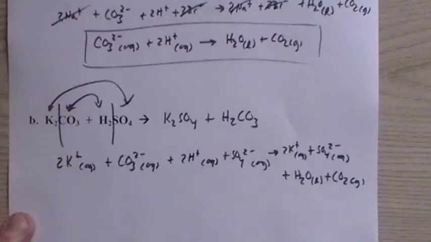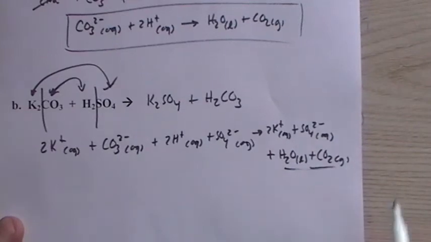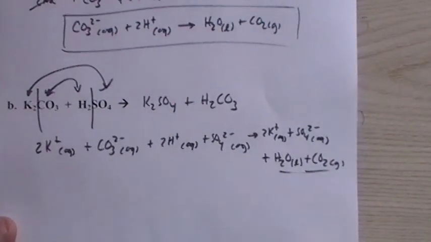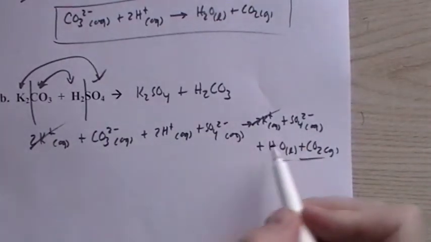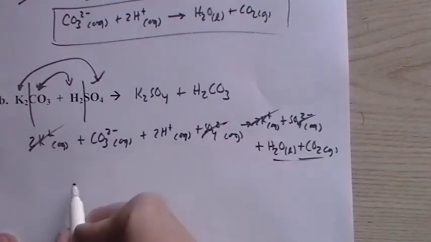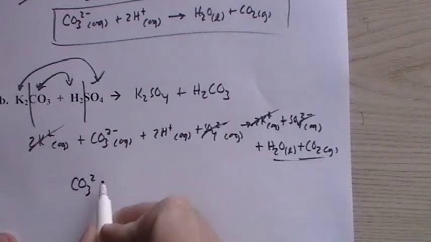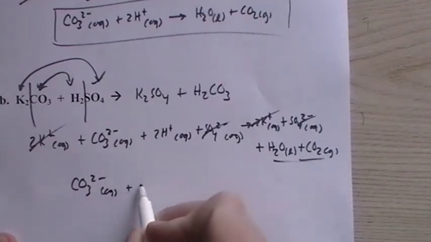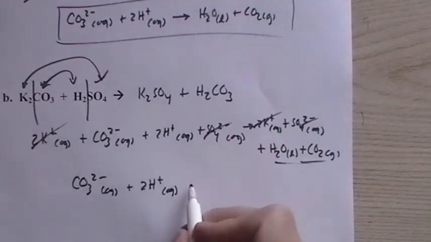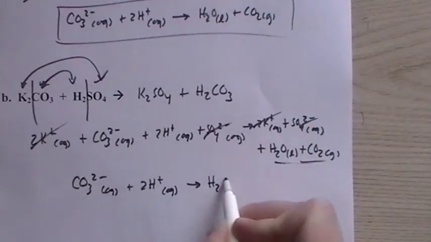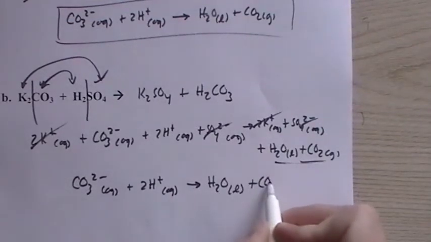And the carbonic acid breaks up into these 2 products. So then we see the potassium cancels, the sulfate cancels, and we're left with this. It's different than the first one because it's a diprotic acid, but it's still strong. So we end up with this simple form.